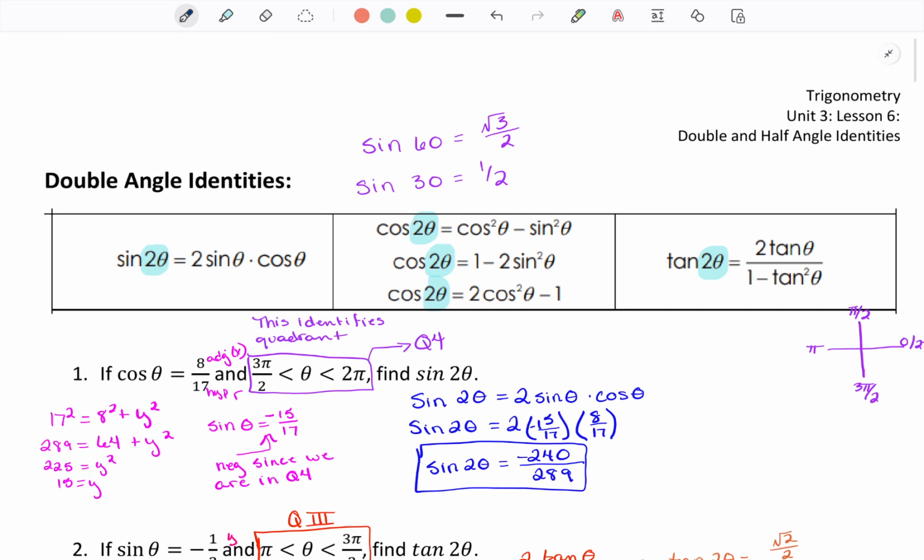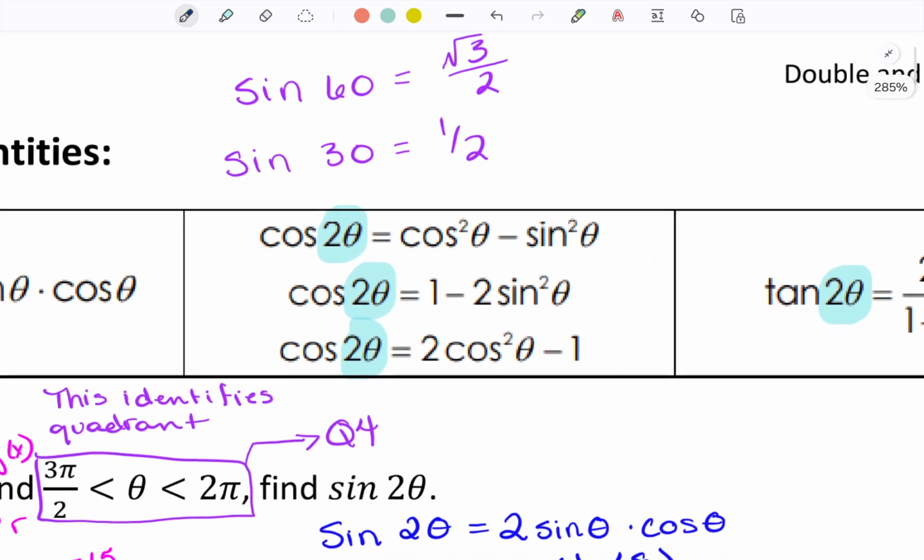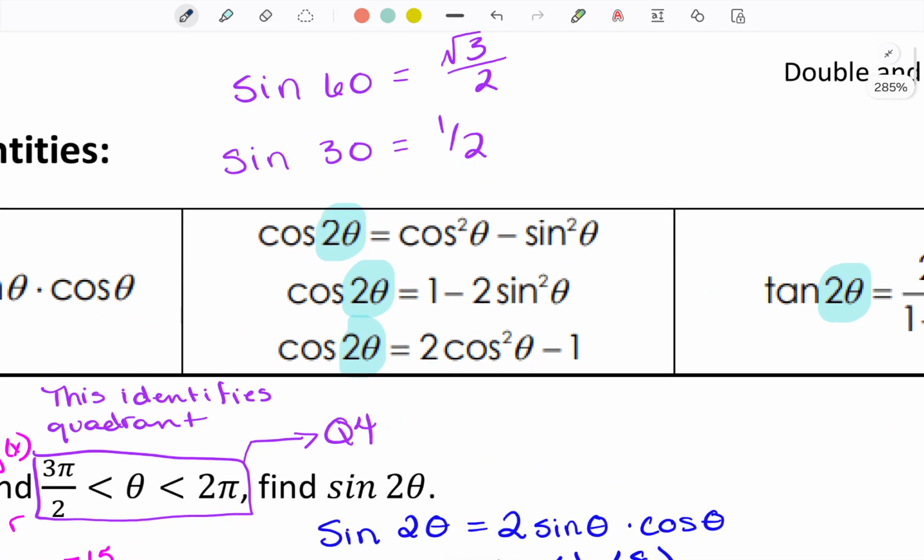Now let's go ahead and look at our identities for cosine 2 theta. We actually have 3, and all 3 will give you the same value. The hardest part is picking which one to do.